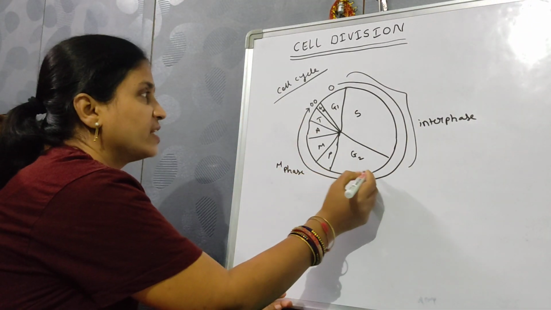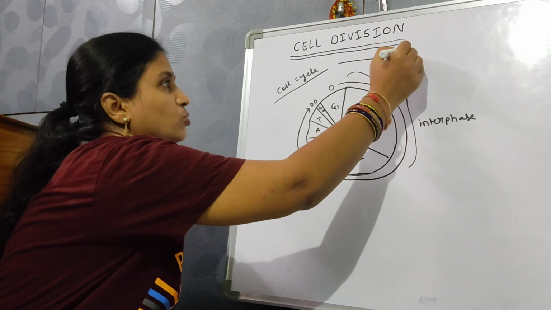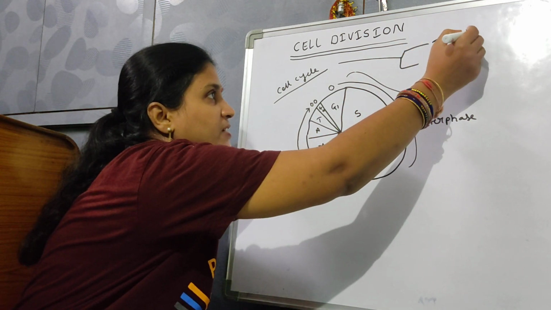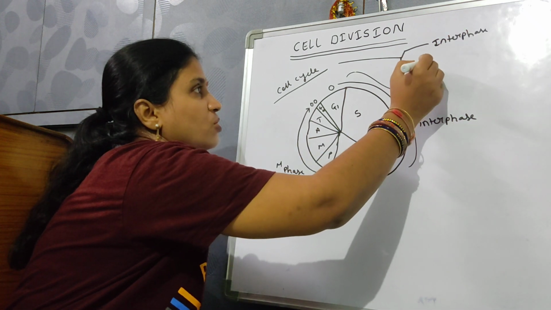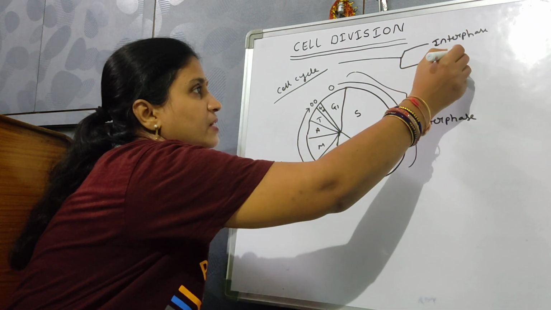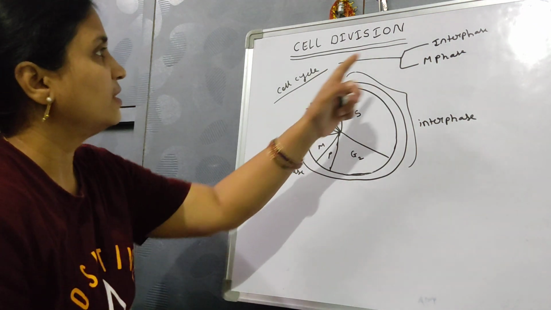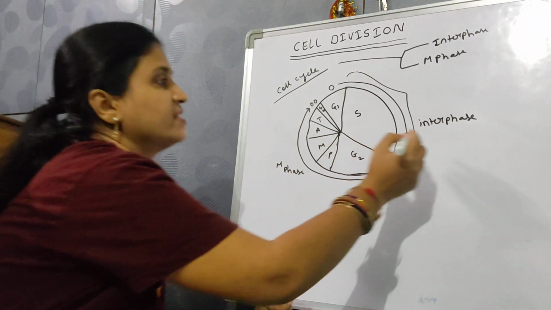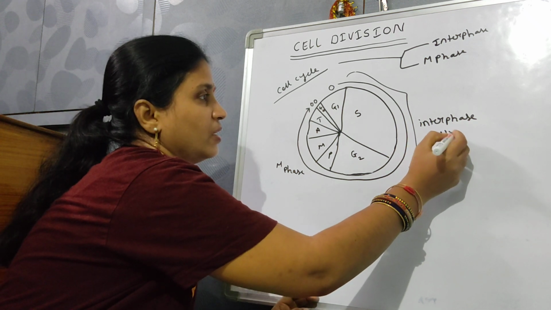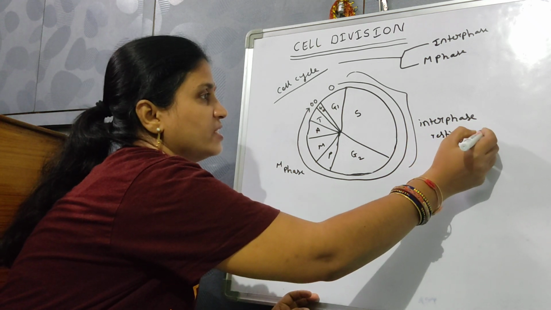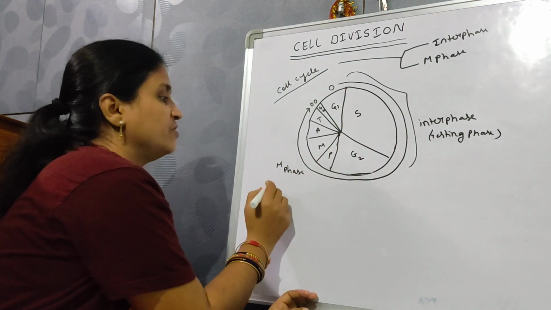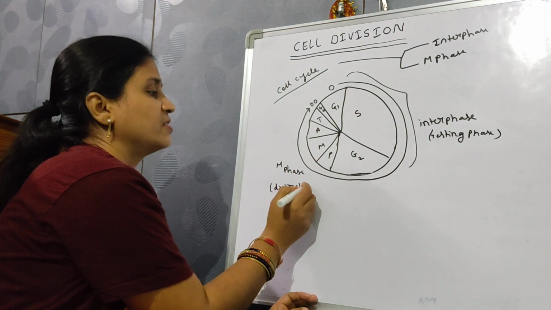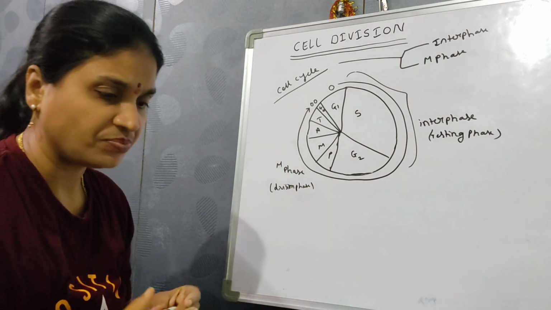The cell cycle can be divided into two: first is interphase, the second is called the M phase. Interphase is somewhat like a resting stage. This is the division phase, where cell division takes place.